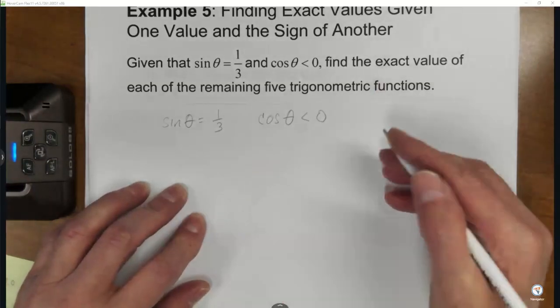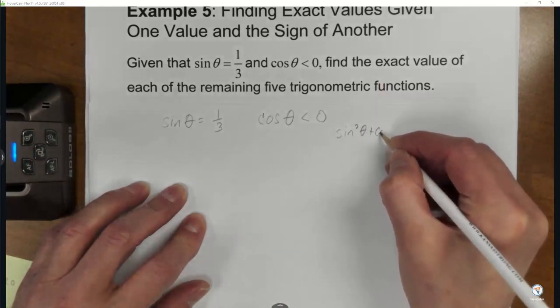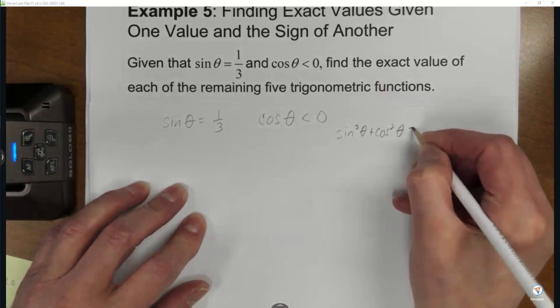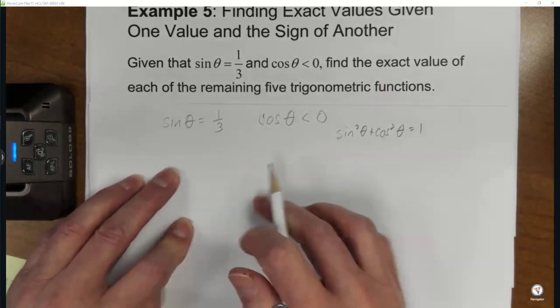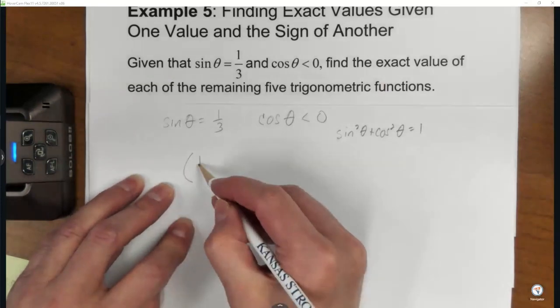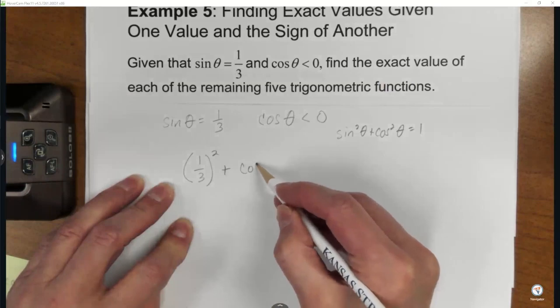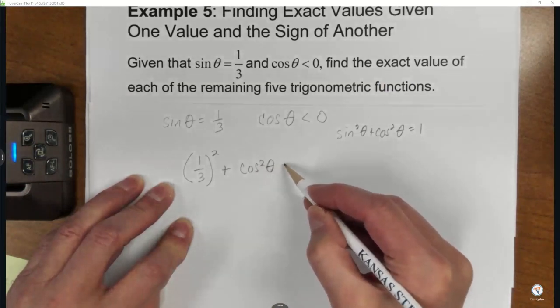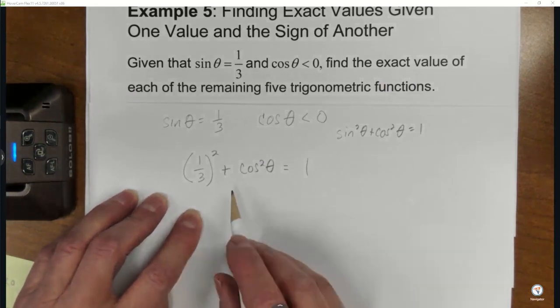Okay, so we're going to take this identity that says the sine squared of theta plus the cosine squared of theta equals 1. Remember that Pythagorean identity, first one. So we're going to square the sine theta and know that cosine squared of theta goes here. If I add them together, I get 1.